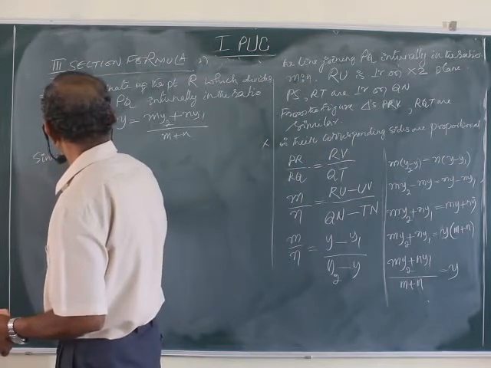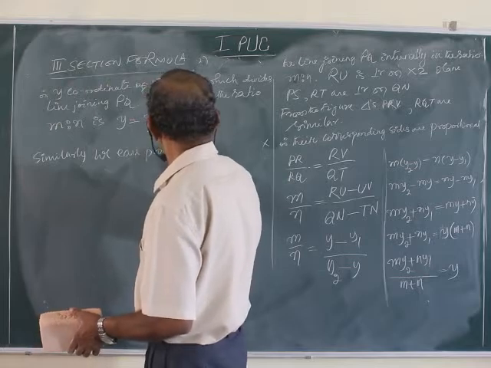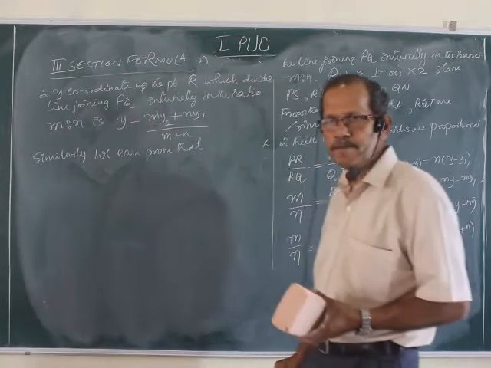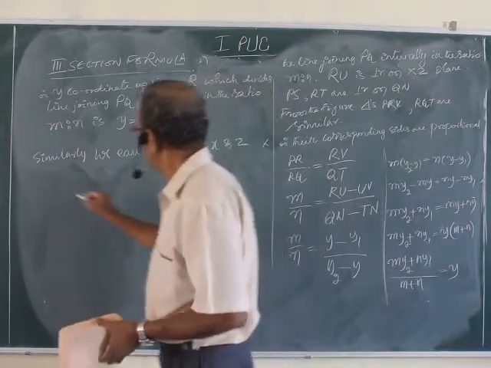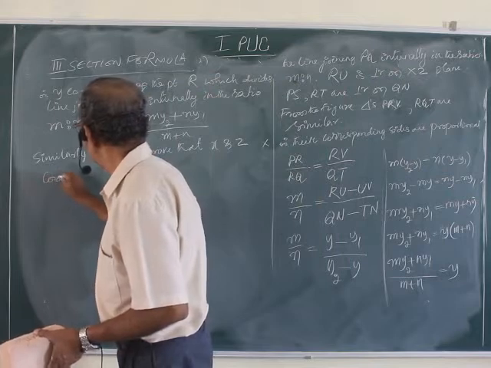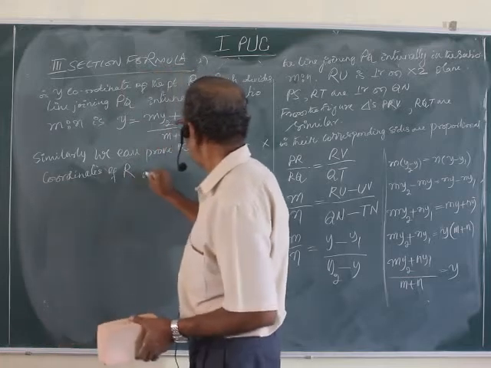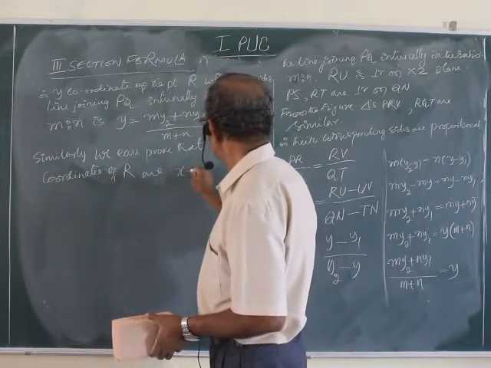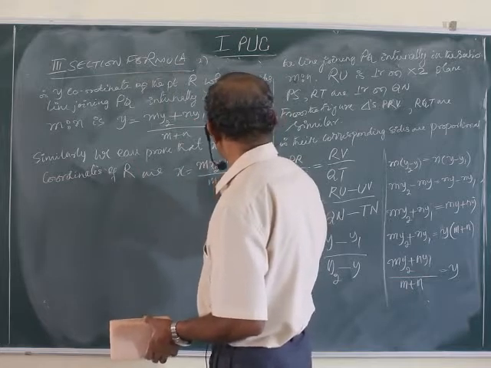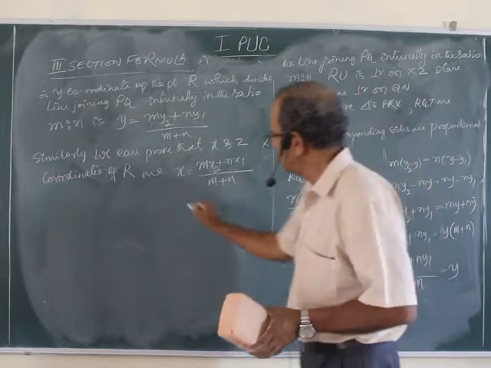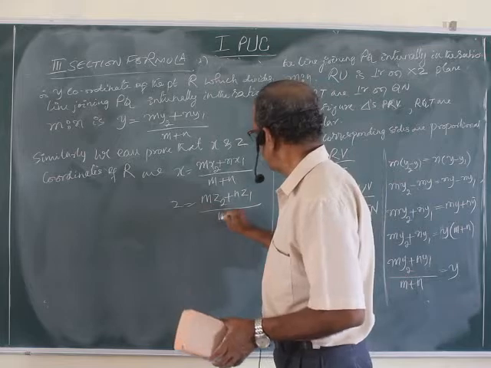Similarly, we can prove that the x and z coordinates of R are x equals mx2 plus nx1 by m plus n, z equals mz2 plus nz1 by m plus n.